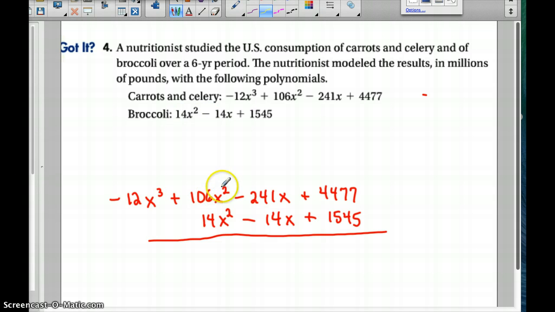Notice that I put the positive 106x squared and the positive 14x squared under each other. Put the negative 241x and the negative 14x underneath one another in the same column, and the two constants. So when you add these together, you should get negative 12x cubed, since it has nothing to add, so it just comes down.